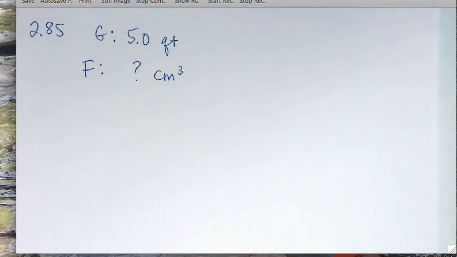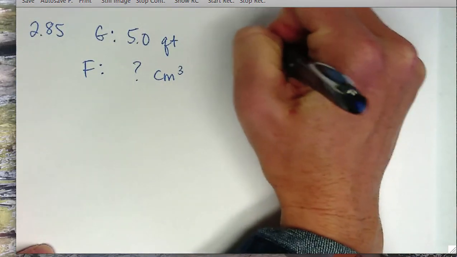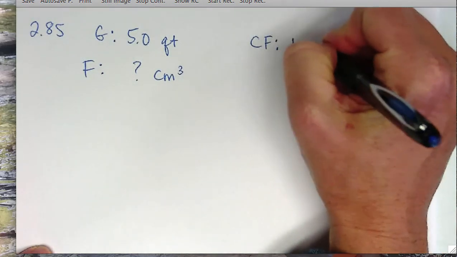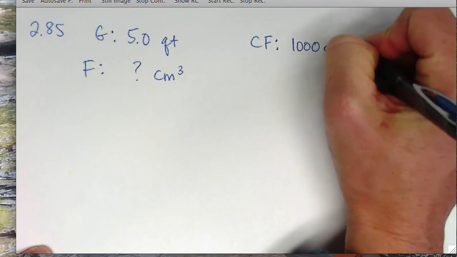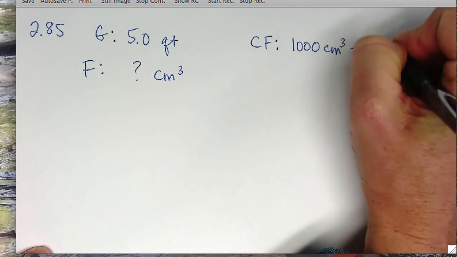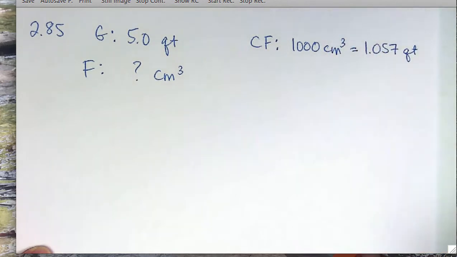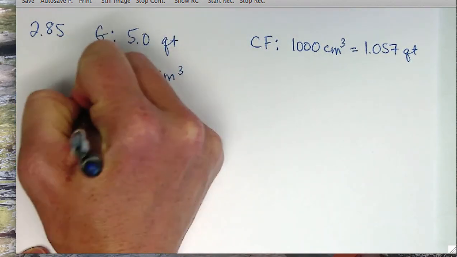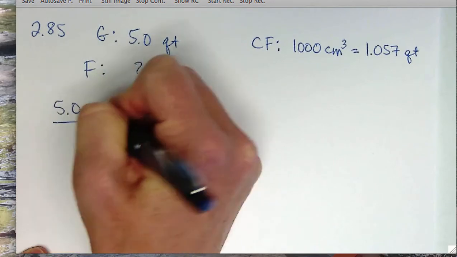Okay, so our conversion factor: 1,000 cubic centimeters equals 1.057 quarts. What's our starting quantity in this problem? 5.0 quarts, good.